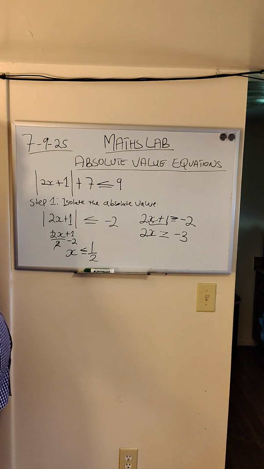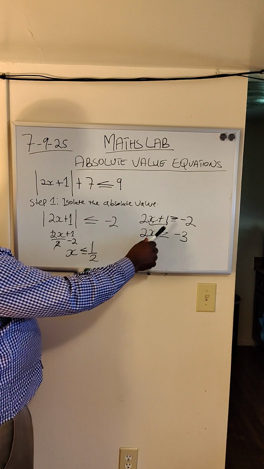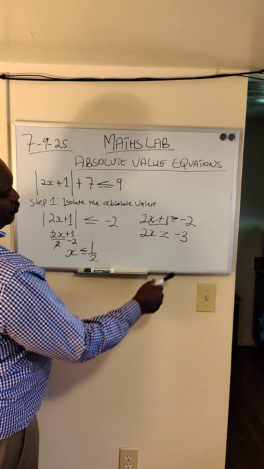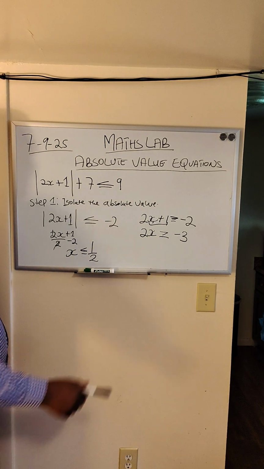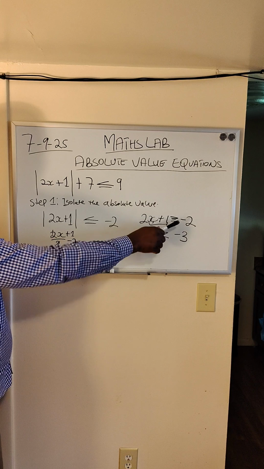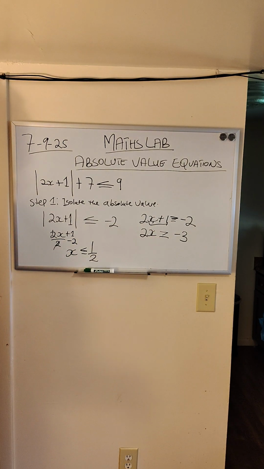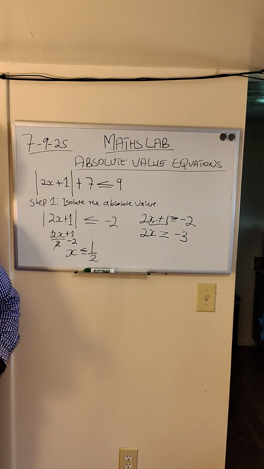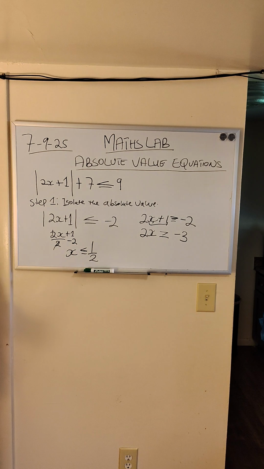That means this 1 plus negative 2 gives us negative 3. So 2x is equal to negative 3.